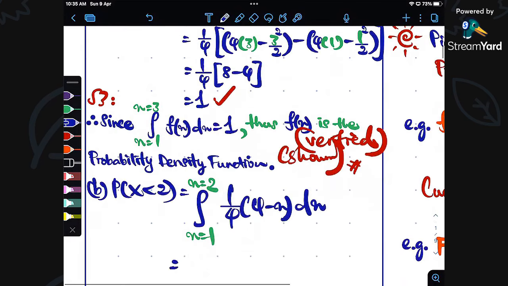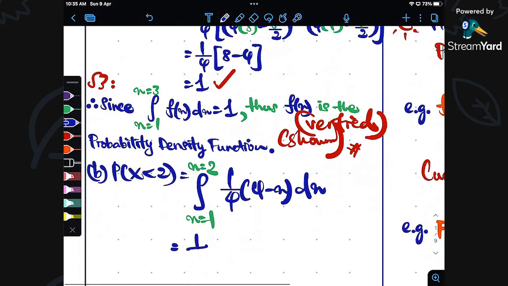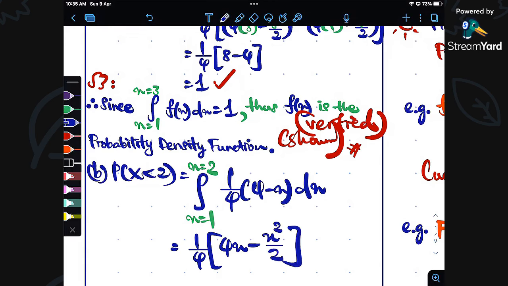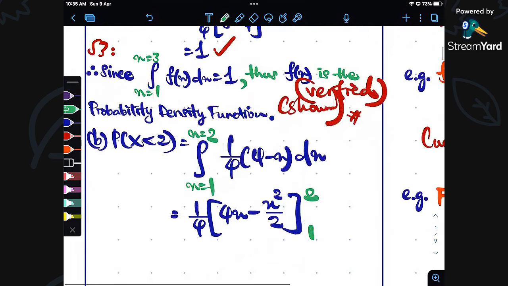And so our job is to find what is the probability then. So 1/4 times 4x minus x squared over 2, and then put a limit from 1 until 2, and then our job is to sum in.